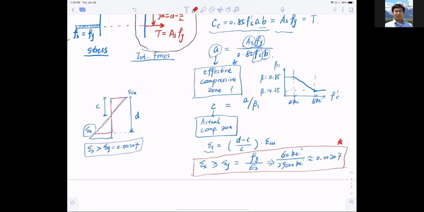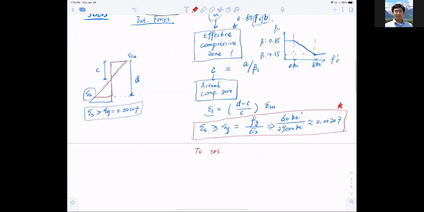And you say, why? Because all the analysis we have done was under the assumption of what? To ensure we could use the Whitney stress block. So very critical. You have to make sure that your strain in the steel is larger than the yield strain of the steel to make sure you can use the Whitney stress block, all right?